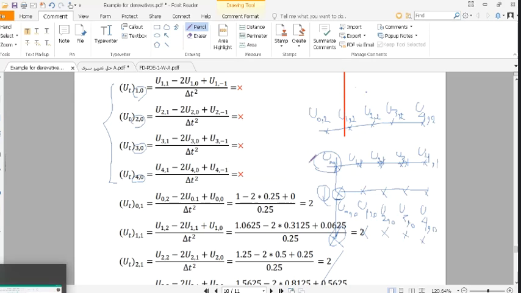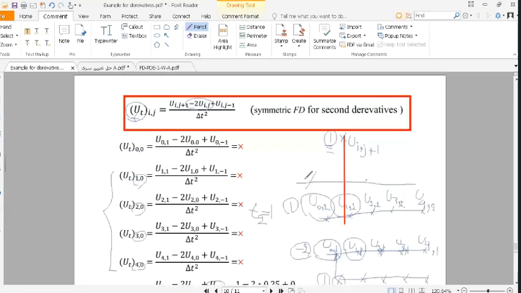And I'm trying the second row, excuse me, the third row, means for t2. For t2, we have t equal to 2. For example, I try to compute UTT at u0 and 2. For u0 and 2, we have not the next row, means we have not u0 and 3.